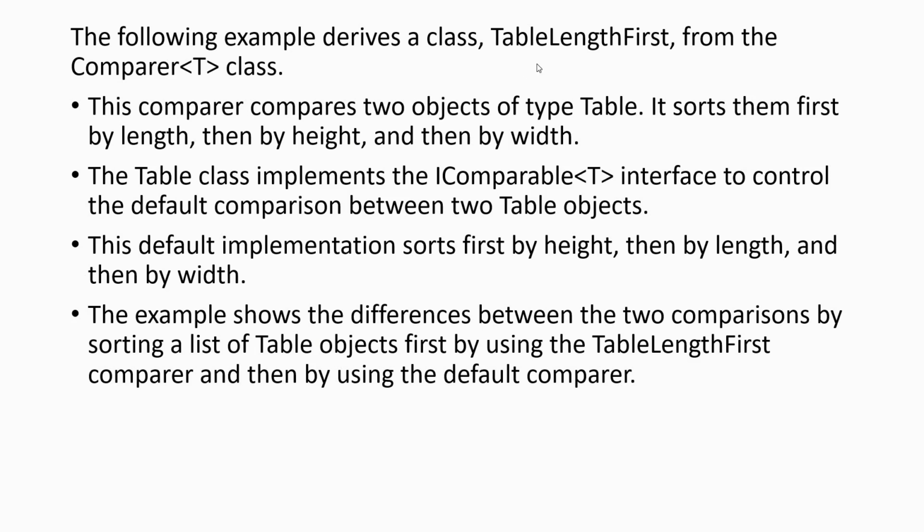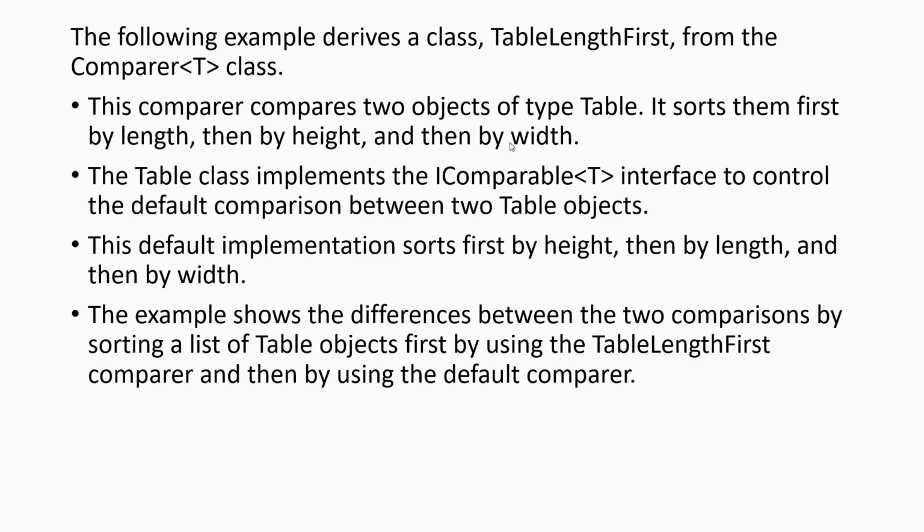So in today's example, we are going to derive a class TableLengthFirst from the Comparer<T> class. In the previous lecture we derived a table class, and today, going further down the same application, we are going to write the second part, this comparer class, which compares two objects of type Table.